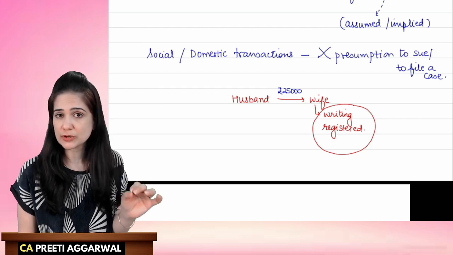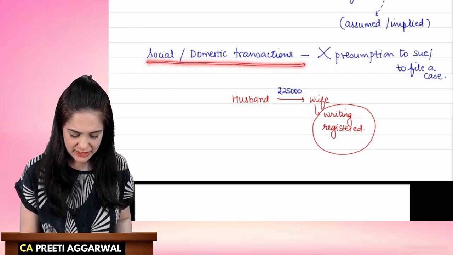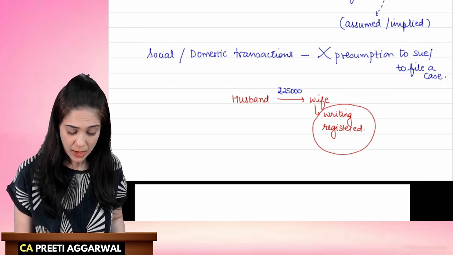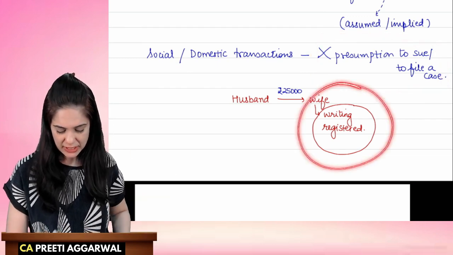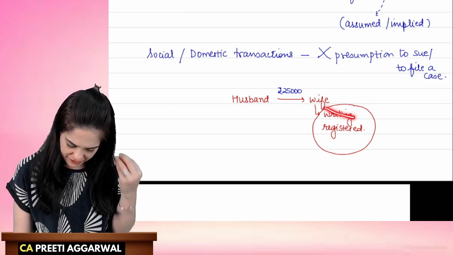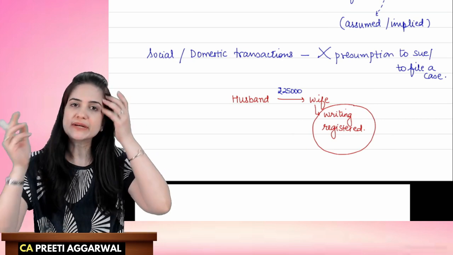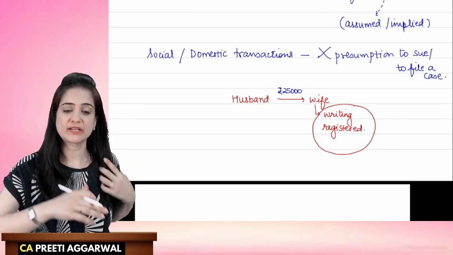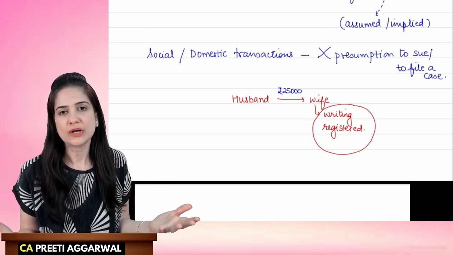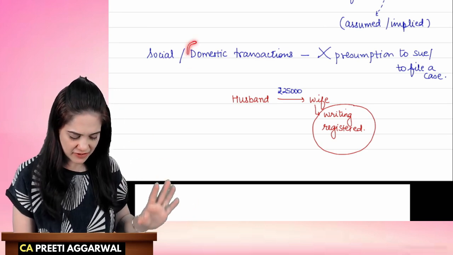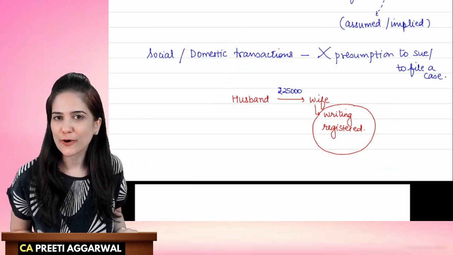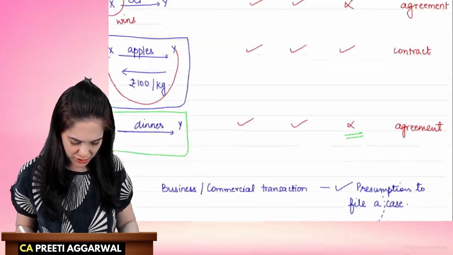So by default, in case of social or domestic agreements, there is no presumption to sue or file a case. But you may add intention in this manner. Even if it is not registered, you can make a written agreement wherein you have specified that if you fail, I will take action. At least mention, at least show that you intend to take legal action. Then, in spite of the fact that it is a domestic agreement, you can still enforce this in a court of law. This is something you need to keep in mind.